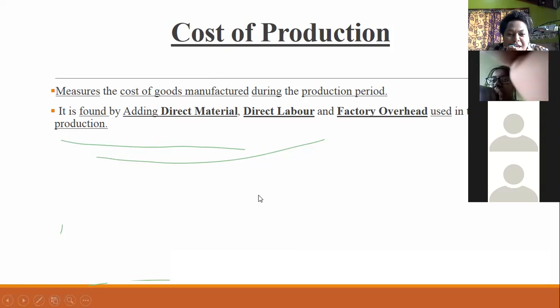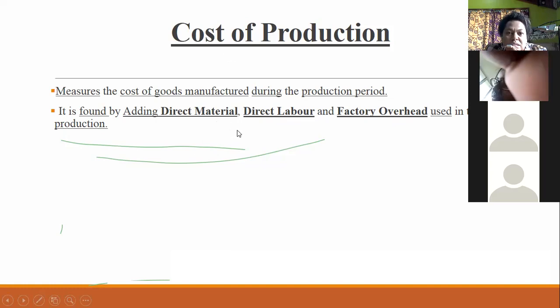Now that we are all on the internet, there is no excuse in not researching, as I always encourage you. You can do your own research, find out what is direct materials, find out what is direct labor, and of course, factory overhead is totally different.